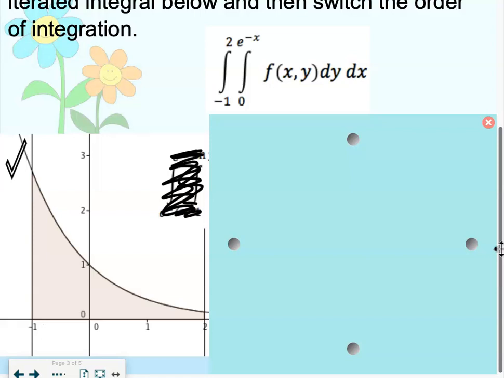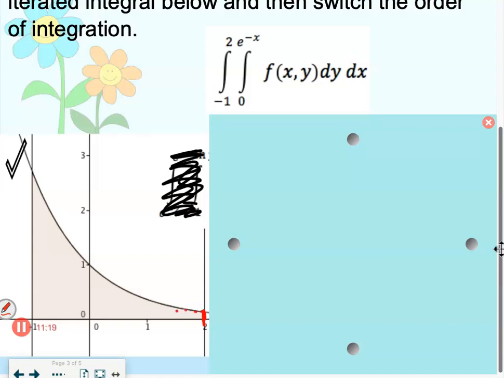So here's the problem. Doing it dy dx is really easy. It's a simple top minus bottom. Doing it dx dy is a little bit harder because, see this little line right here? We have two different functions on the right-hand side.